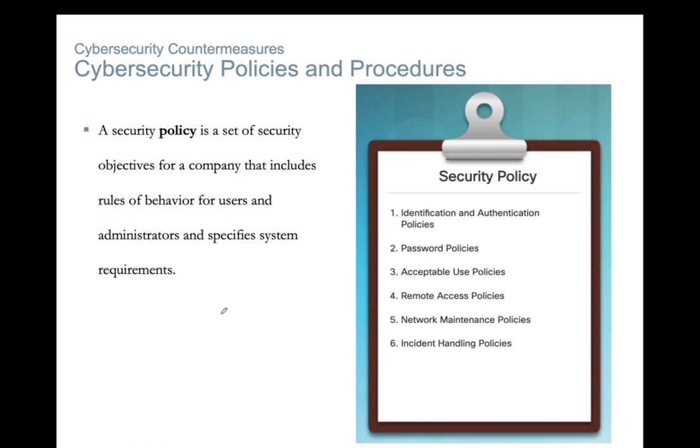For example, the acceptable use policy lists the specific websites, news groups, or bandwidth intensive applications that users cannot access using company computers or the company networks. So these are the policies.